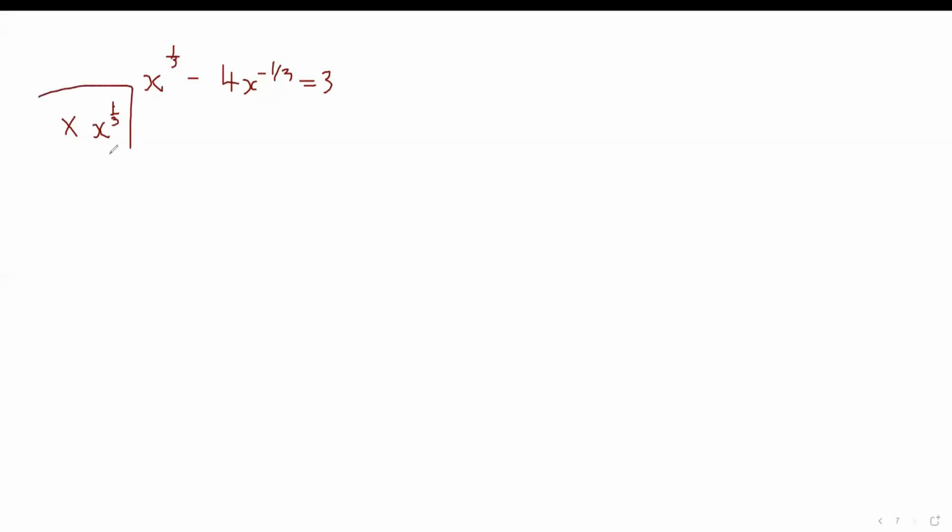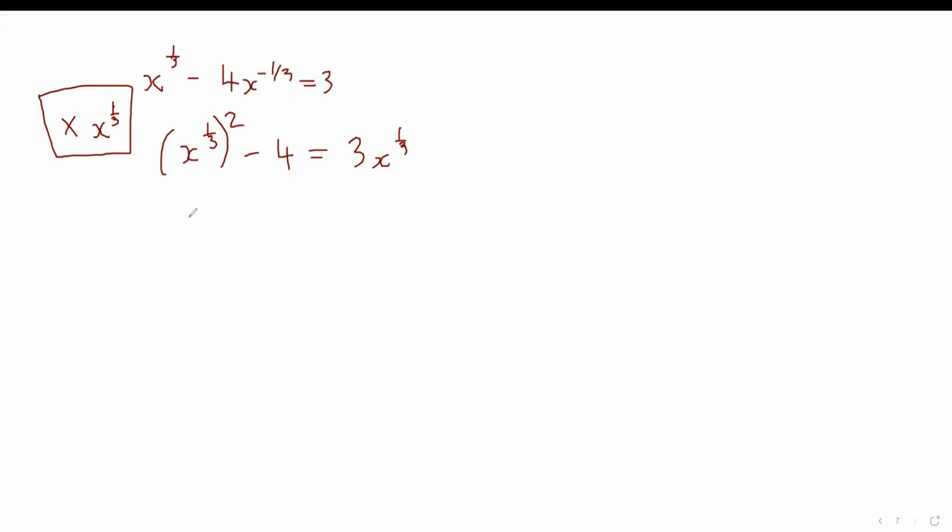When you multiply through by x to the 1/3, this will become x to the 1/3 all square, then x to the 1/3 times x to the minus 1/3. Always remember a times a inverse is 1, so that becomes minus 4 equal to 3 times x to the 1/3.